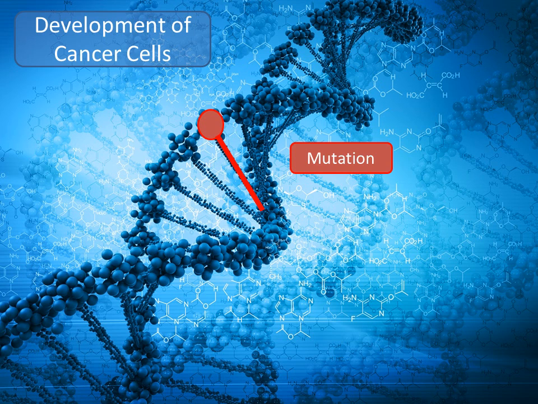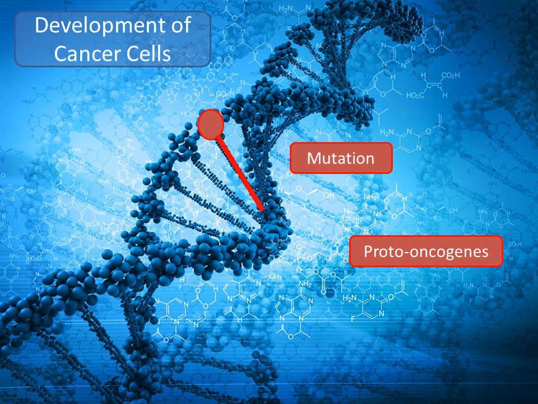There are 2 main classes of gene that, if mutated or misexpressed, contribute to malignant transformation. Proto-oncogenes are genes that normally contribute positively to the initiation and execution of cell division.